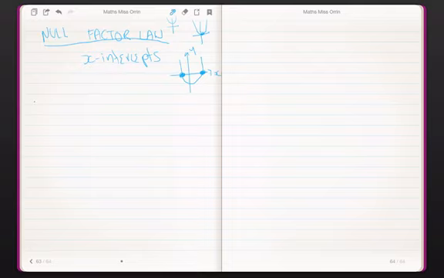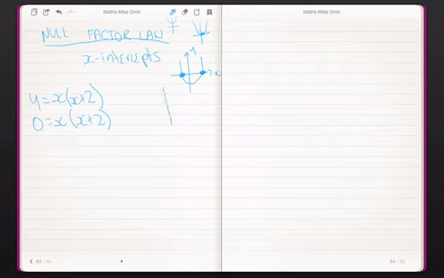Right, so there's a couple of different types of ways that the formula might look. To begin with, we might have something that looks like this. Okay, now the null factor law tells us that we're going to make y equal 0. So instead of y, we're going to do 0. Now this actually makes a lot of sense based on what we did earlier with our linear graphs.